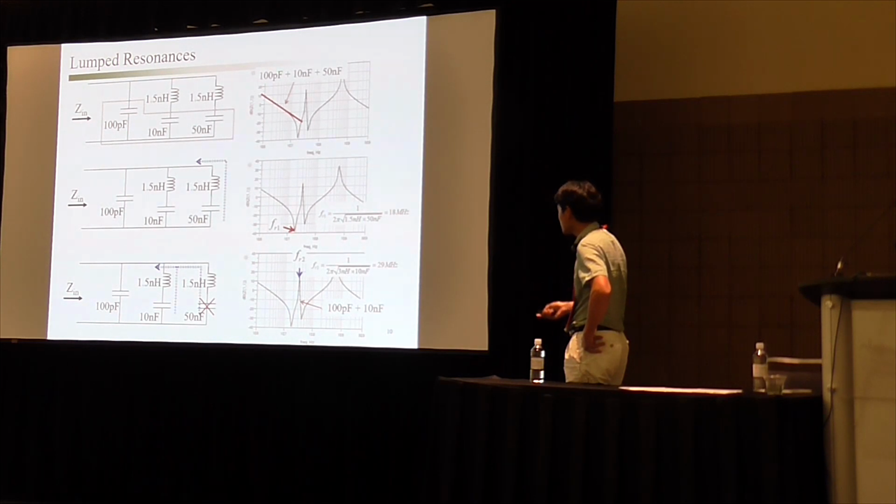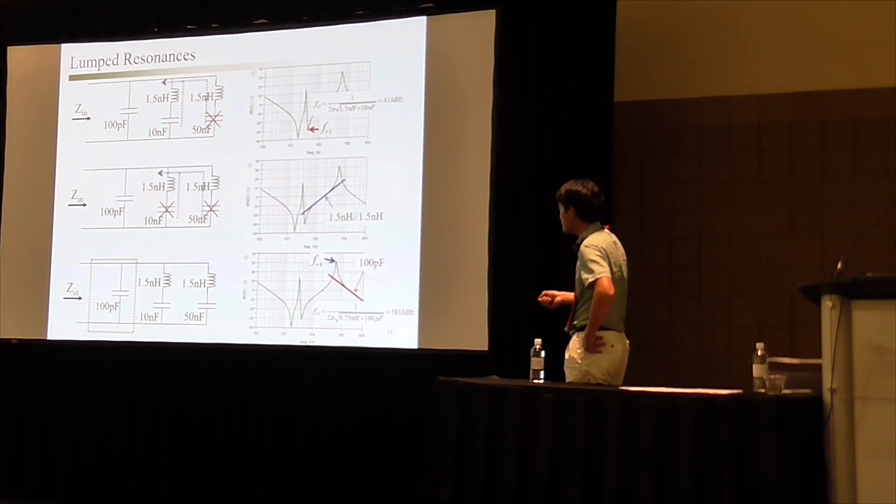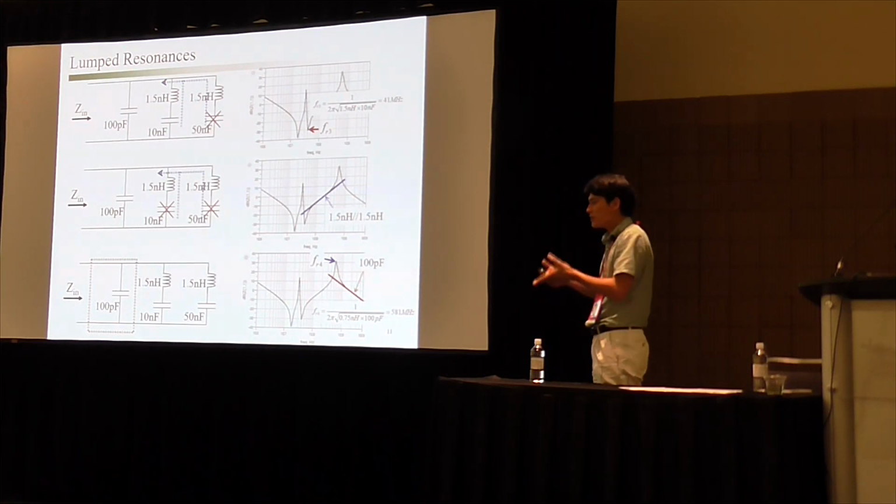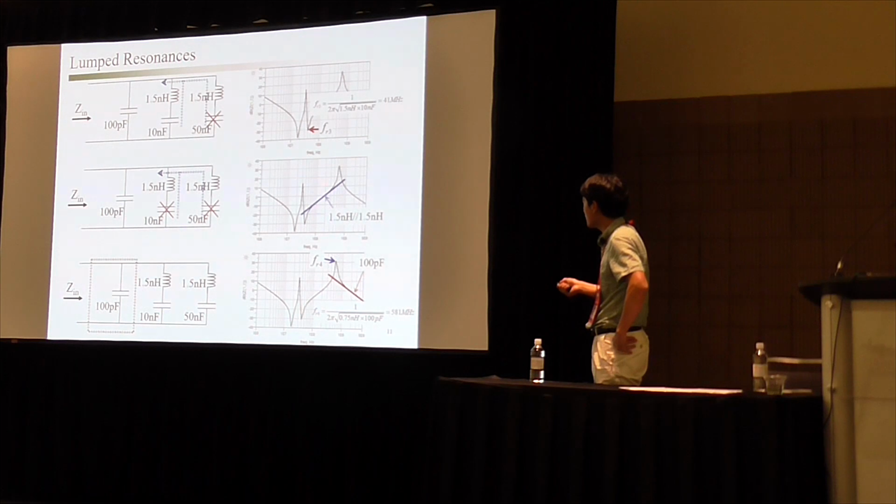After that, this capacitance will fade away, so we see the inductance behavior again. And this inductance is actually 0.75 nanohenry, because this impedance is pretty low. The equivalent circuit we see from this node is two inductances in parallel, so having these two inductances in parallel, we have 0.75 nanohenry. So it shows the 20 dB per decade again.